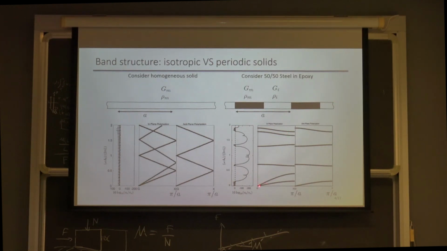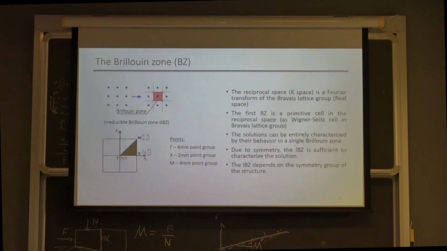Here you can see the dispersion as we increase the wave number, and here we also see a gap, also here as well, which means that waves of these frequencies cannot propagate in just this horizontal direction. While of course in an isotropic material we will have these two polarizations.